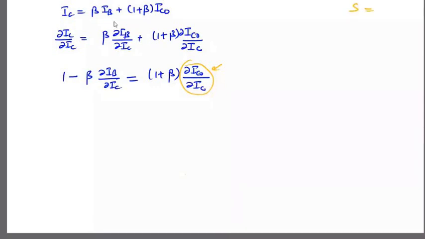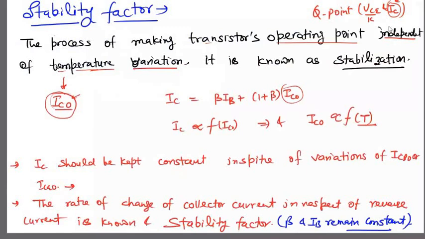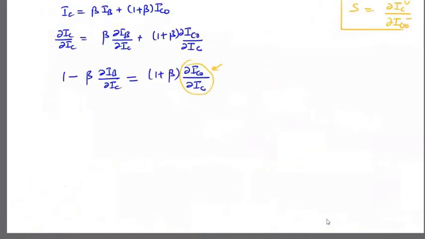So S, as we already know from the definition, is the rate of change of collector current with respect to reverse leakage current, where beta and IB remain constant.